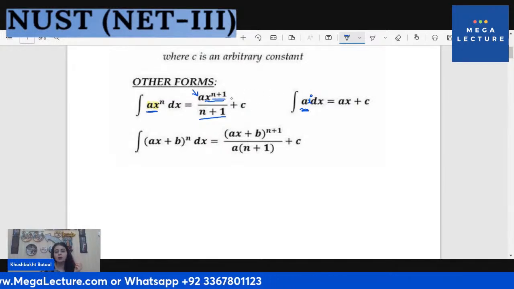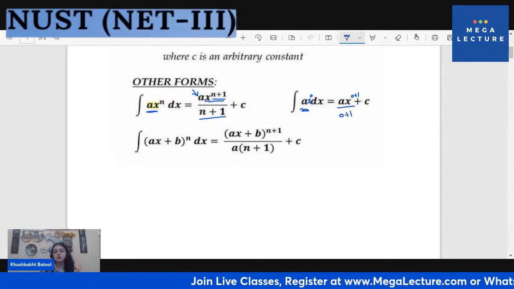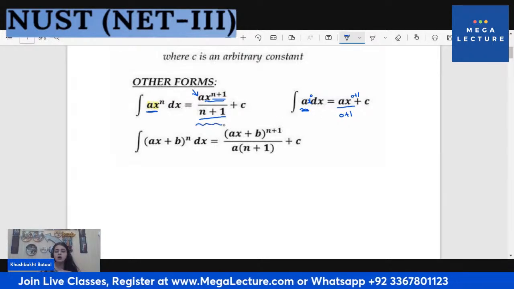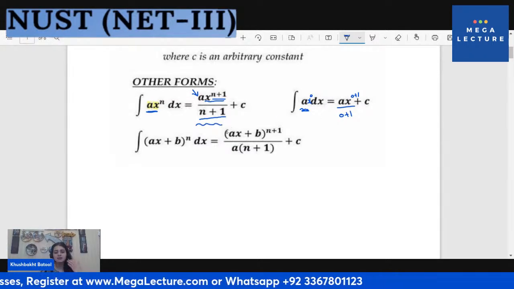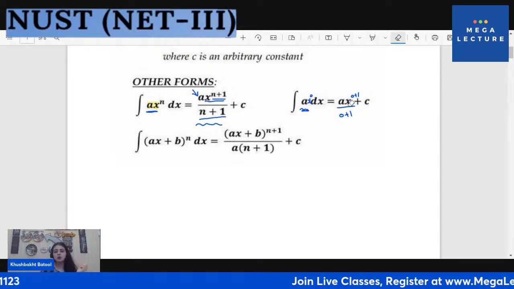We add 1 to the old power. So this would be 0 plus 1 divided by 0 plus 1. Now in this case, this would give you ax, right? So whatever the question is, these rules are going to be used as it is and nothing is going to change. Even if you have a simple constant, even if x is not there, you'll think about it as if you have x to the power 0, and that is going to give you the answer.